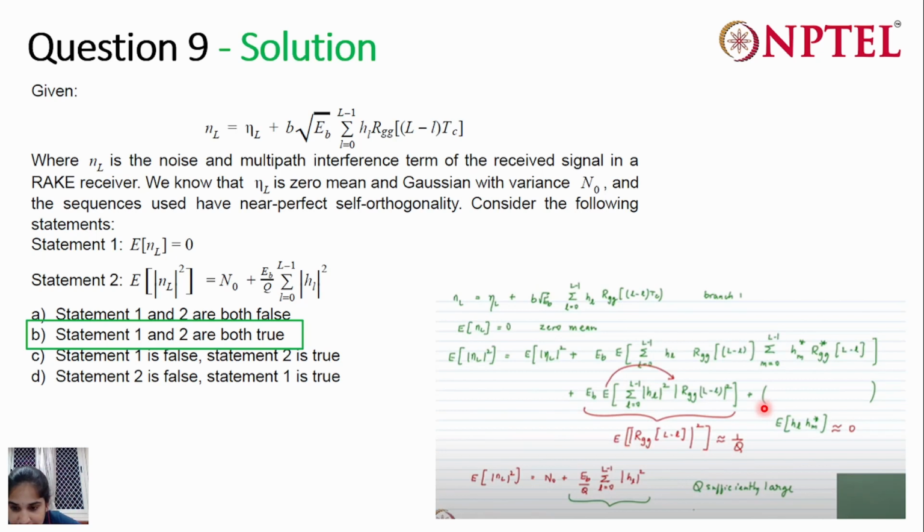Finally, we end up with EB by Q summation 0 to L minus 1 of mod of HL square, because mod of RGG of L minus L square will be equal to 1 by Q. That is the cross correlation between them, the self orthogonality property. So the answer is B. Both the statements are true.